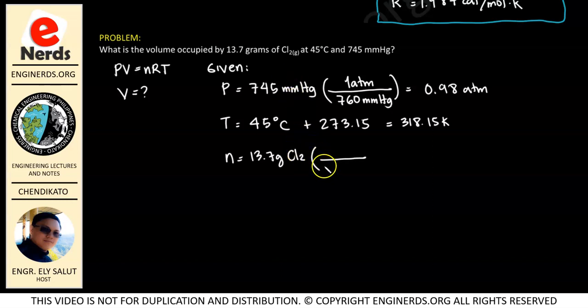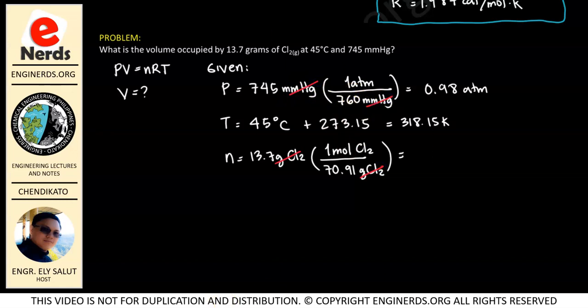So we have 70.91 grams of Cl2 for every 1 mole of Cl2. Okay, so we will be cancelling our unit. So this will be cancelled out. In here, this will be cancelled out.